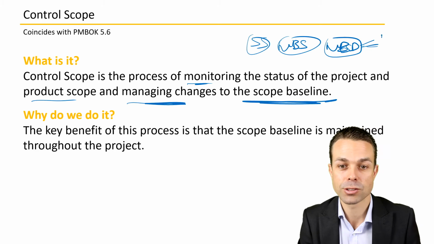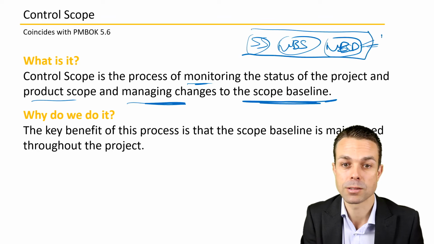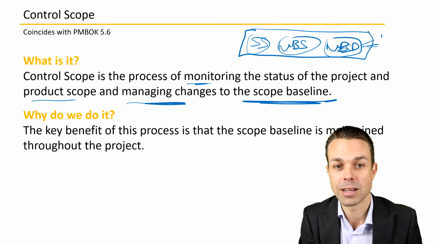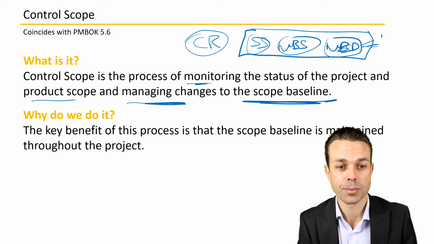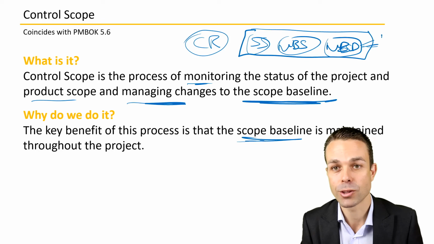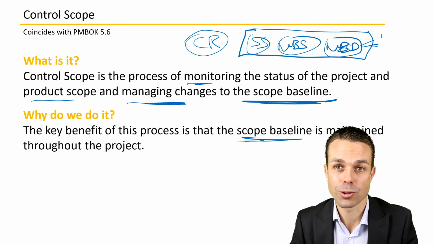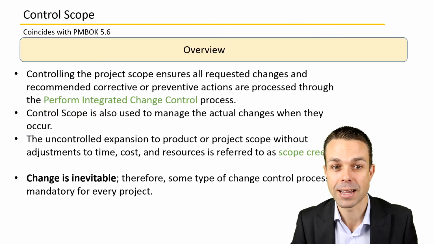And so that scope baseline is locked in a certain place in time. So it's baselined, and to make a change, we need a change request. So that's part of this process also. The key benefit of this process is that the scope baseline is maintained throughout the project. It's not just added to on an ad hoc basis. All of these changes are controlled and maintained.